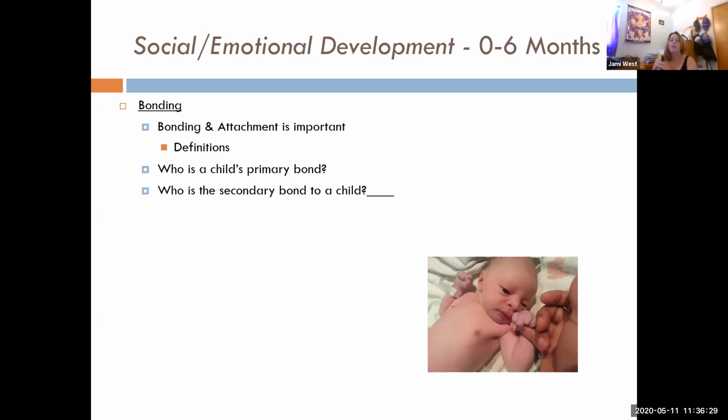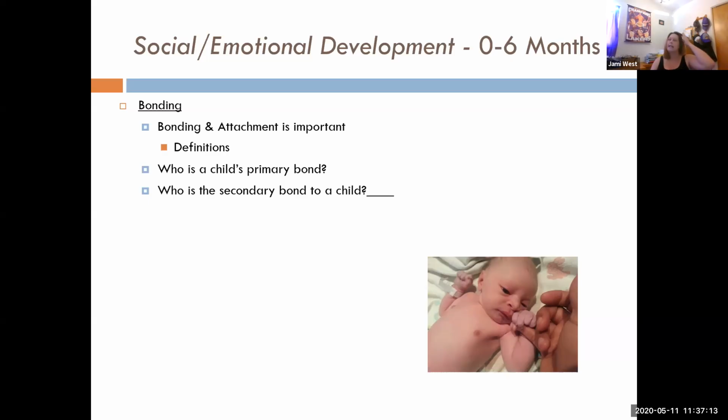Okay, I cannot understate how crucial it is for infants to develop a bond with an adult. Okay, to have that tie, that connection, that attachment to a special person. Now that doesn't have to be the biological mom, but there needs to be someone, a mothering one, because it is the first relationship and the starting point for all other relationships they'll have in their life.